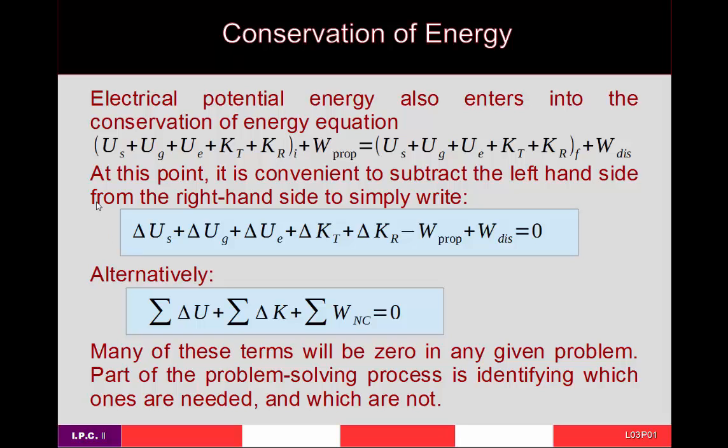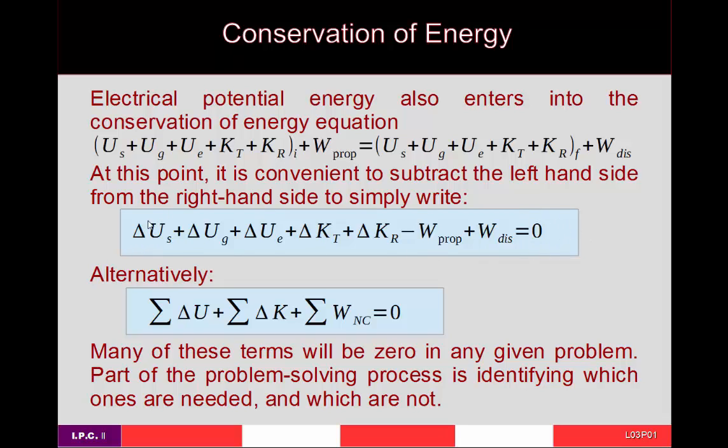Conservation of energy now looks basically the same as it has ever since we introduced it. We just have more terms that we can now add. So usually we end up subtracting one side of this from the other just to reduce the number of terms we're keeping track of.